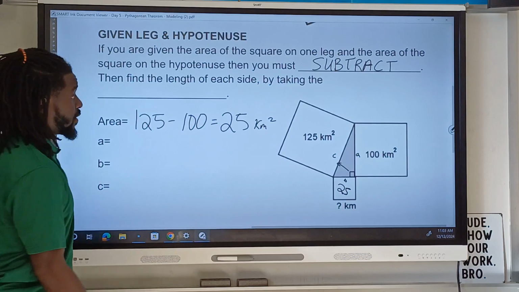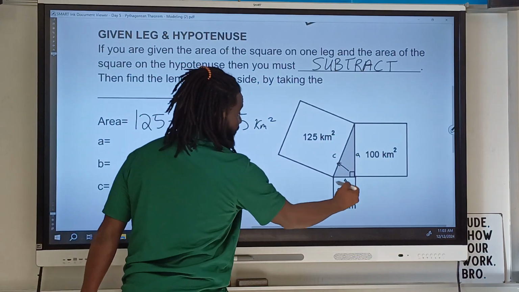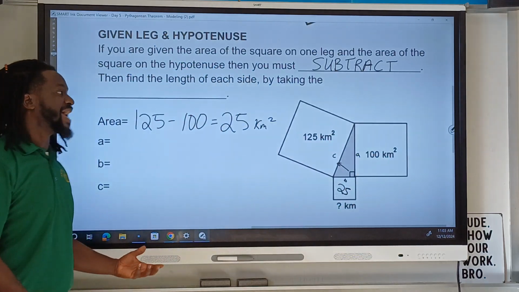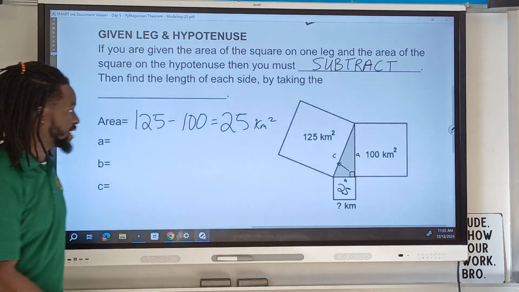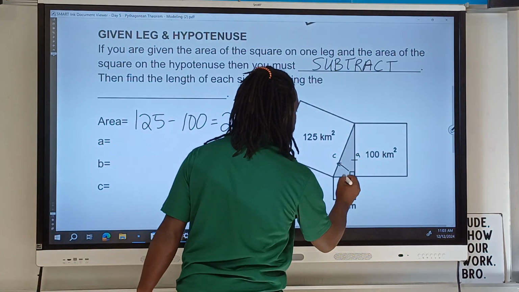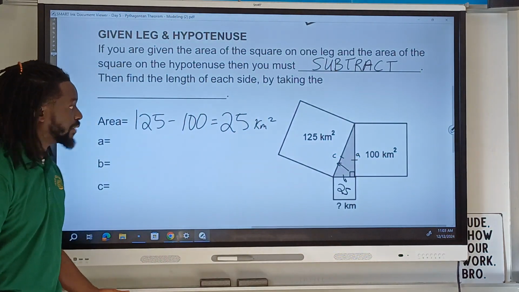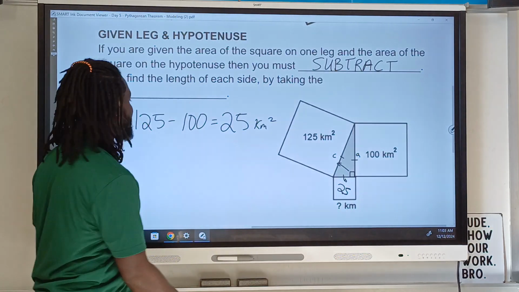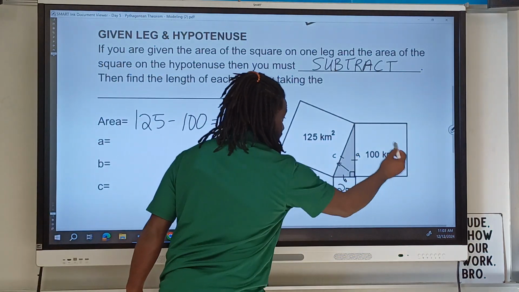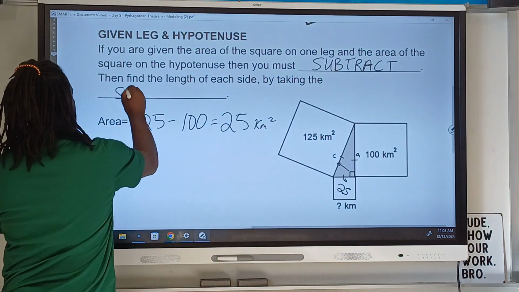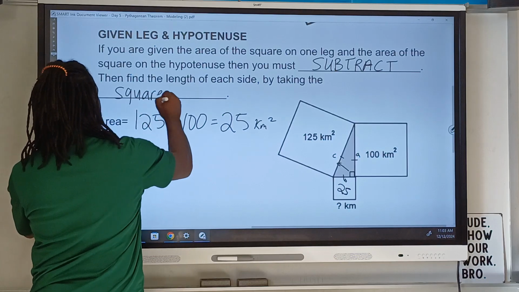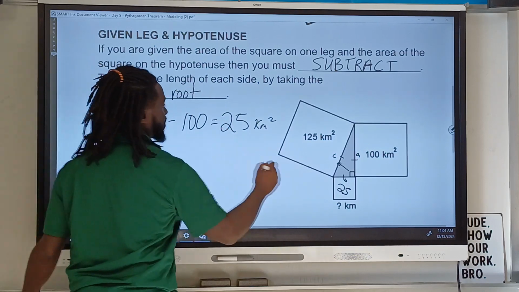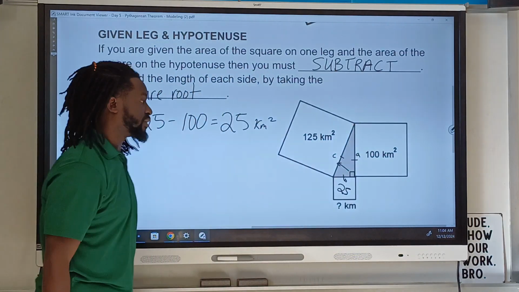And so now I have the area of each square, but now I need to know the side. I need to know the length of the actual legs and the hypotenuse. To do that, I'm going to take the area and find the square root. And when I do that, that is going to give me the length of the side.